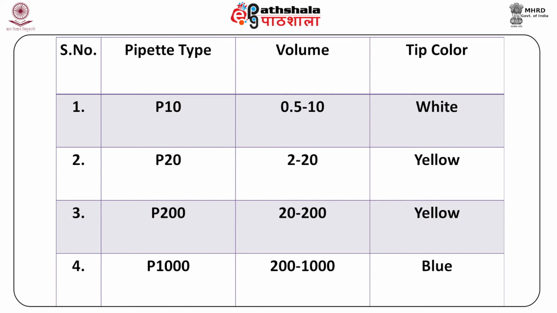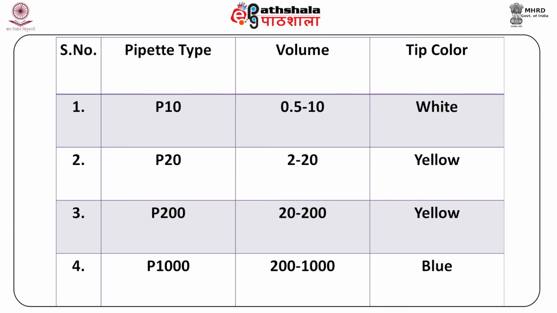The four standard sizes of micropipettes related to four different disposable tips are shown in the table. Pipette type P10 with the volume 0.5 to 10, tip color white. P20, 2 to 20, tip color yellow.